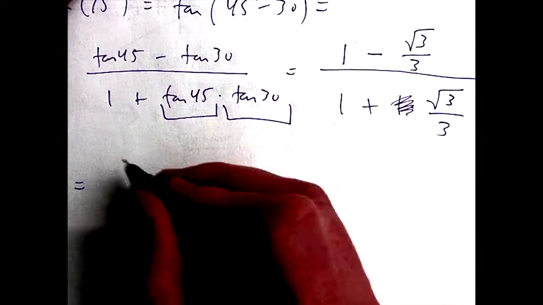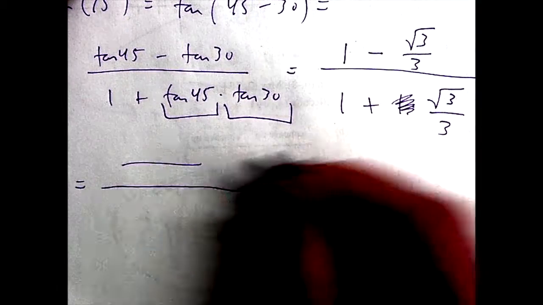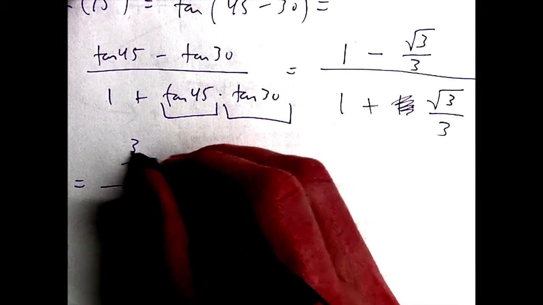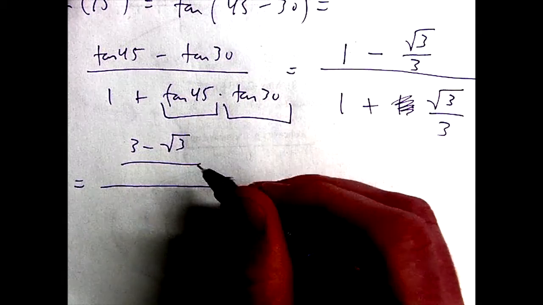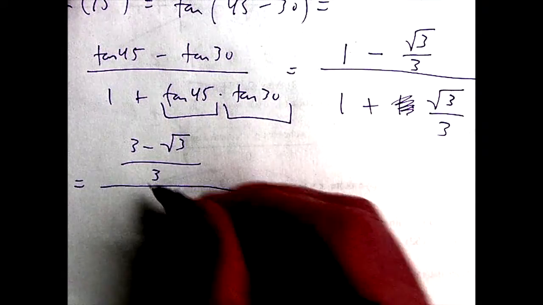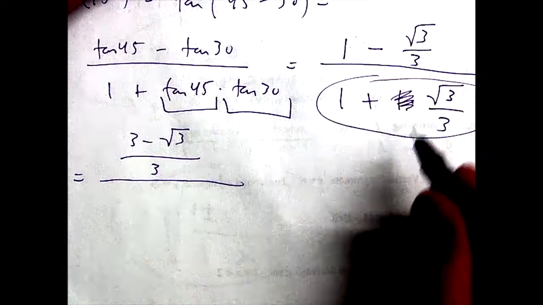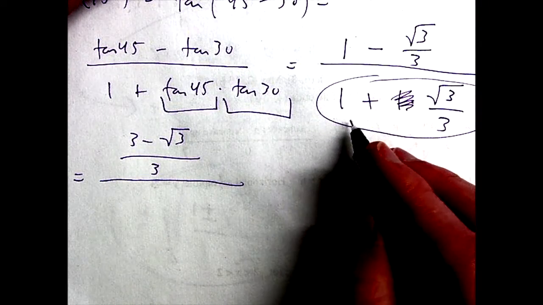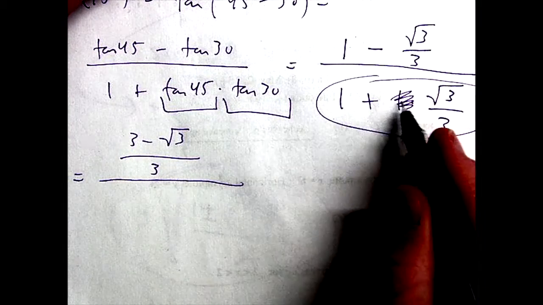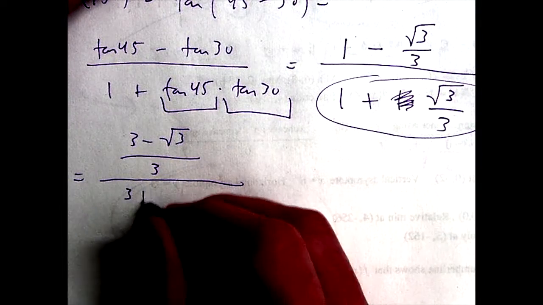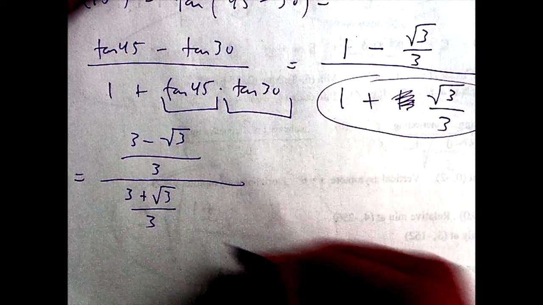So the numerator can be written as, I'm going to combine these 2. This 1 is like a 3 over 3. So 3 over 3 minus root 3 over 3 is going to be 3 minus root 3 over 3. God, there's a lot of 3's. And then similarly down here, you can view this 1 as 3 over 3. So 3 over 3 plus root 3 over 3 is going to be 3 plus root 3 all over 3.